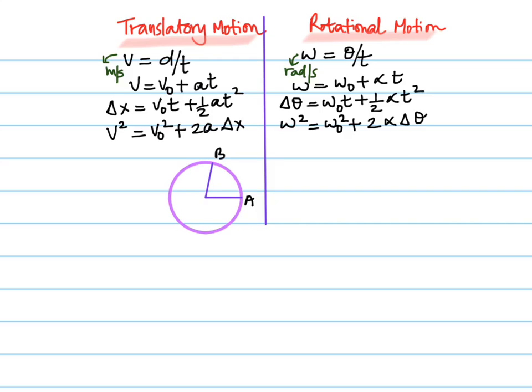Now, we have to find the relation between linear velocity and angular velocity. Let's say that there is a 400-meter race. You know, they run around in circles. Be with me. What do they compare there? Are they comparing the angular speed or the linear speed in a 400-meter race?